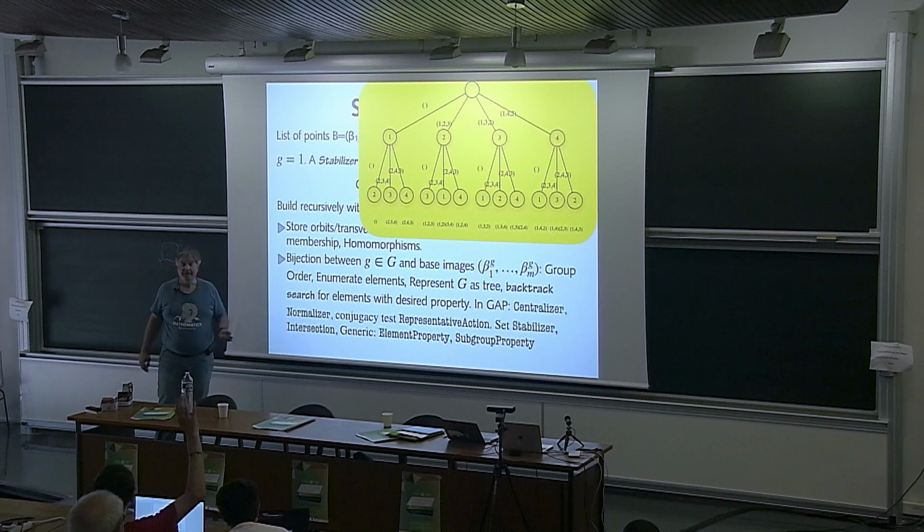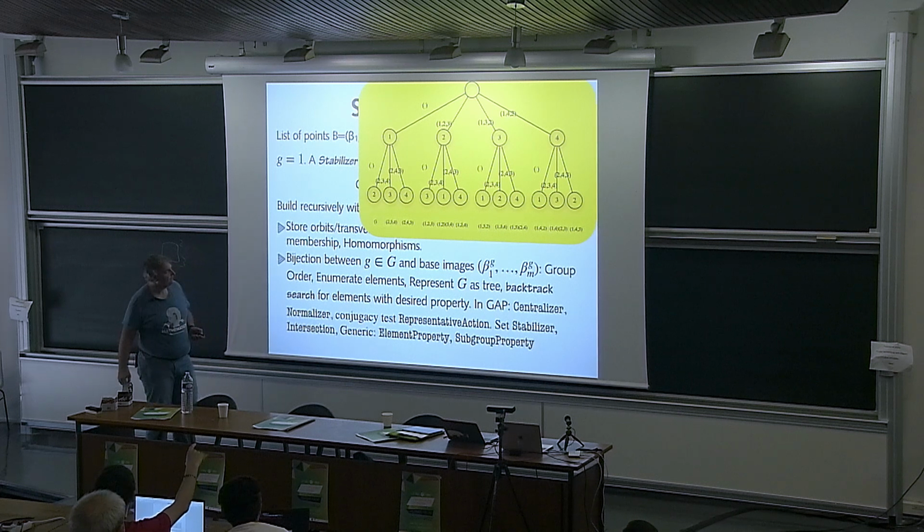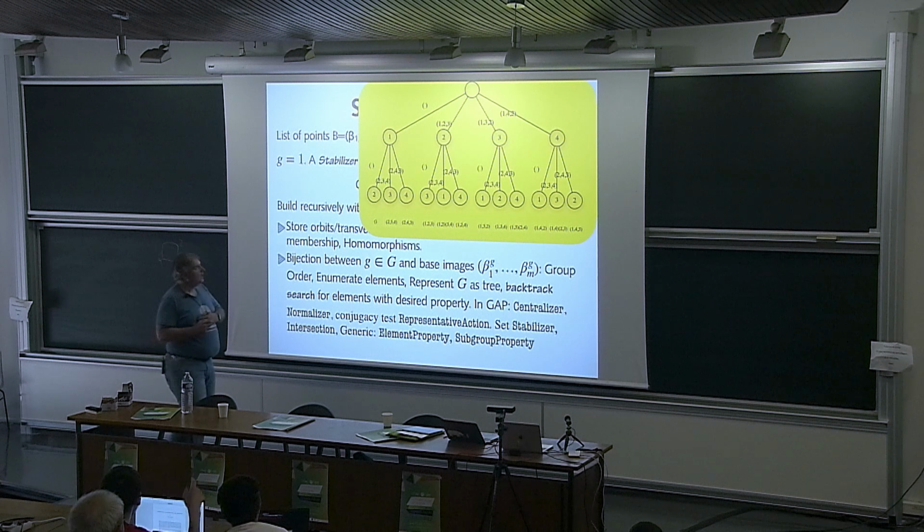In your example, the basis is 1, 2, 3, 4? No, the base is 1, 2, because it's the alternating group A4 and not the symmetric group. And you only represent the generators of the group? What I'm writing down here are the transversal elements.